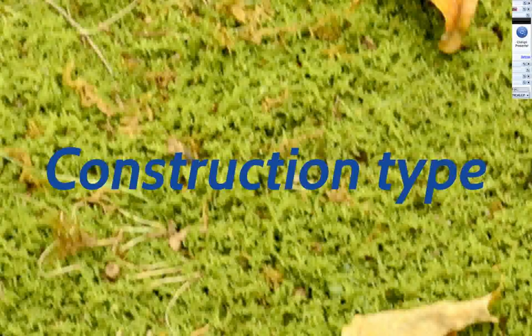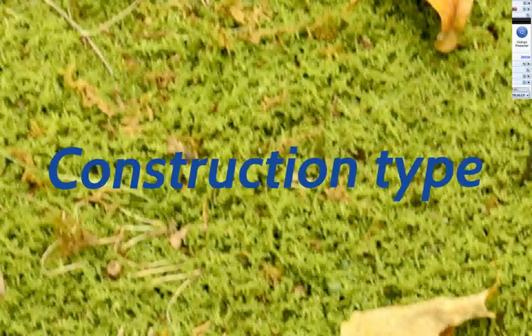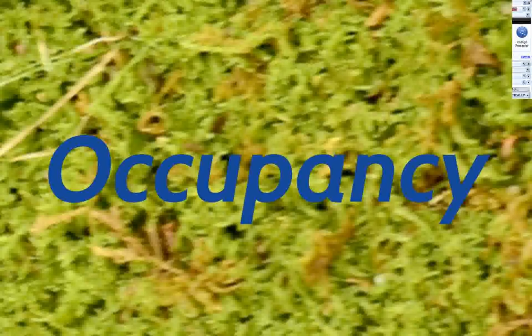Are there limitations on what kinds of construction the product can be used in? And are there limitations on the occupancy groups, as we saw with the EIFS, that you can't use it on type 5 with those R1 through R4 occupancies? So that's one of the first things to consider and look for.